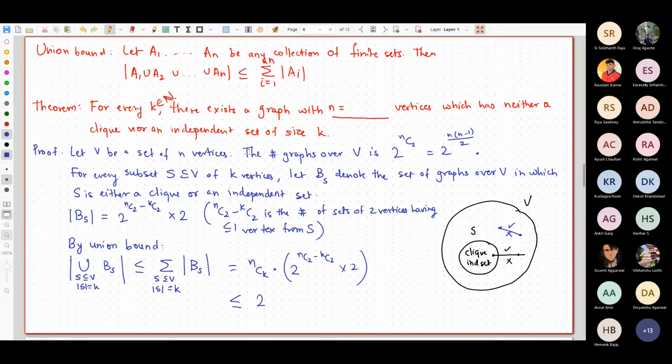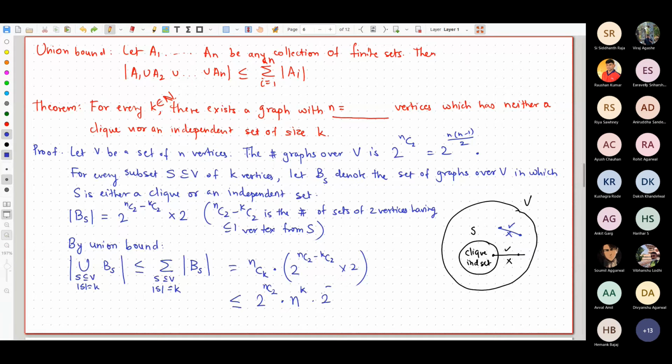So this is less than or equal to 2 to the n choose 2 times this n choose k, which is obviously upper bounded by n to the power k. Check that. Obviously there is a k factorial involved, but I'm ignoring that because it's only in the denominator. So this is less than or equal to n to the k, and then what is left? You are left with 2 to the power minus k choose 2.